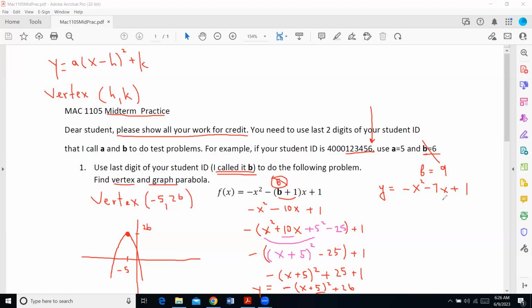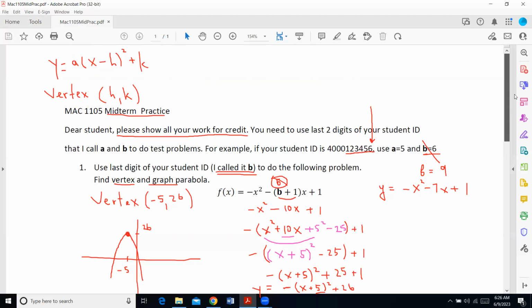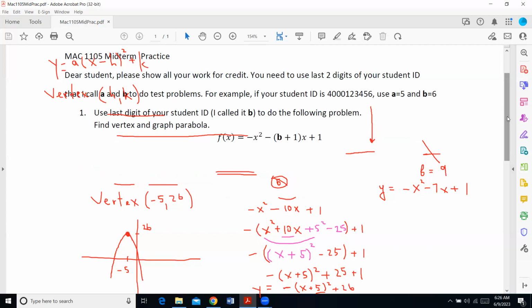So you want to scroll down like that, or you cannot see my screen. So looks like that's all I have on the screen. Maybe you can try.